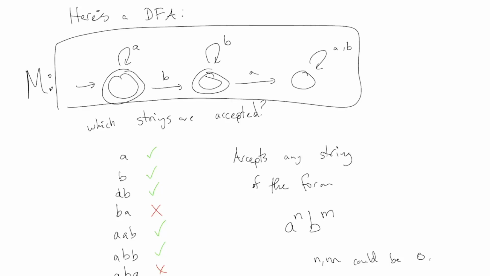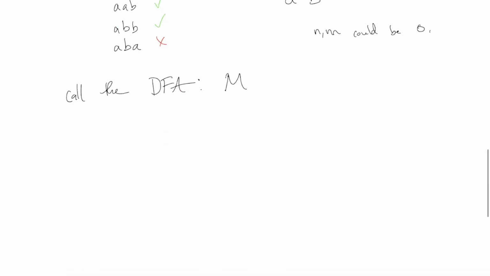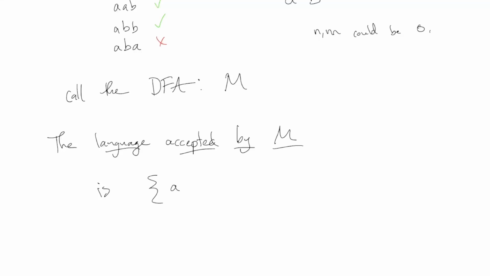In the technical language, we say the language accepted by M is this set: A to the N, B to the M. All right, this is how we're going to write this.